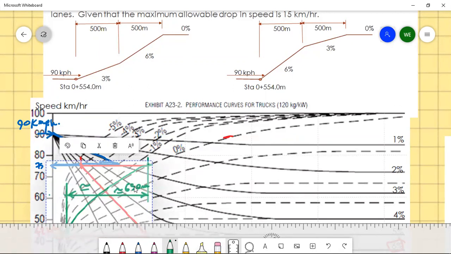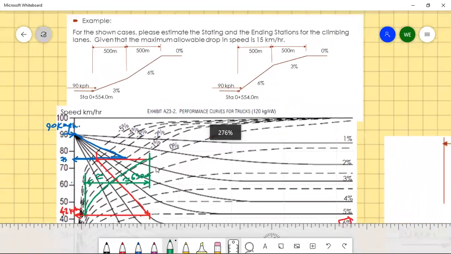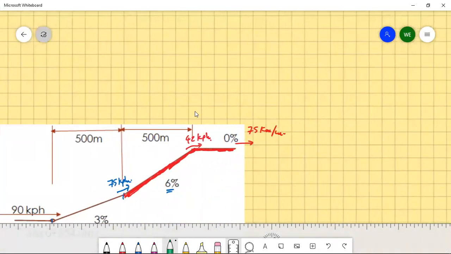Or you can just measure it with the scale. So basically, the length of the climbing lane is going to be an acceleration here for 650 meters.